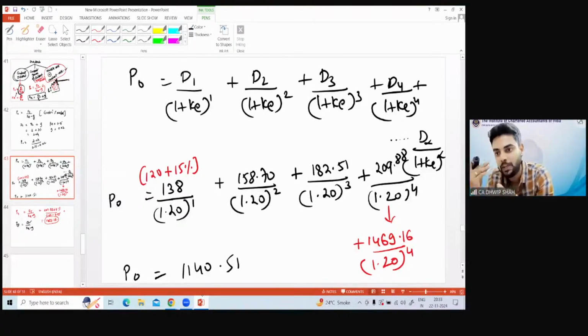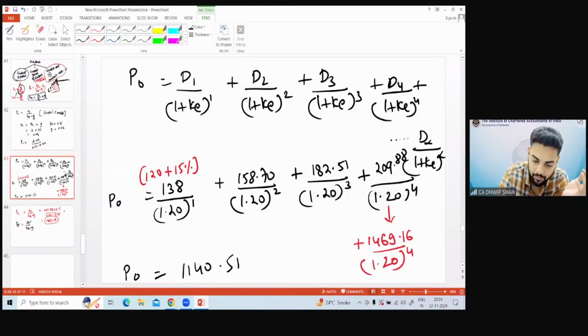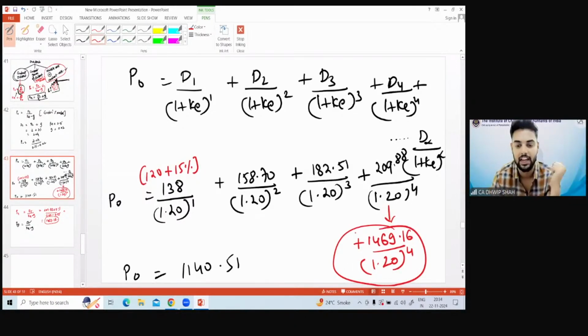So we applied Gordon's formula at the end of year 4 and found the price at the end of year 4. But we want to calculate the worth today. So we need to discount this price, and the worth at the end of year 4 as well.